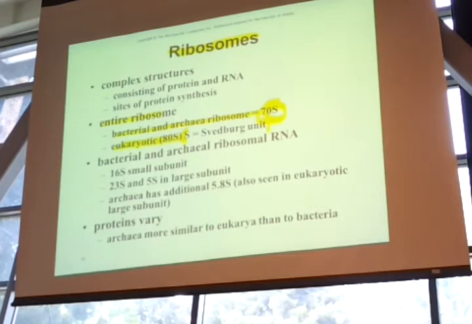So it does make it a little bit more unique. Even though they are ribosomes, there's enough difference that you could have something that affected a bacterial ribosome that did not affect our ribosomes.